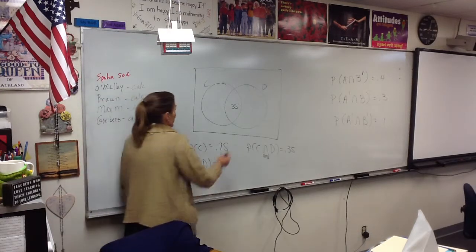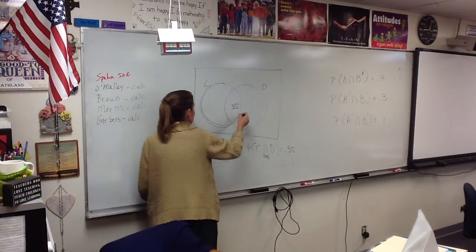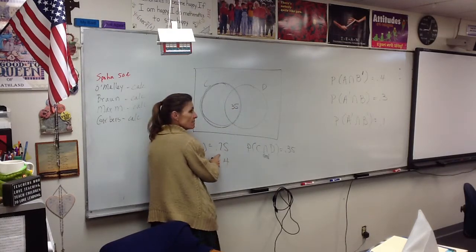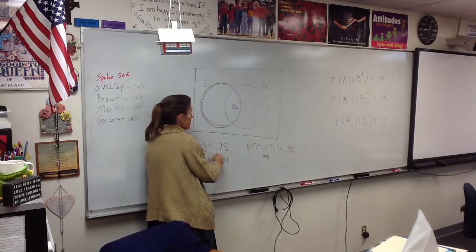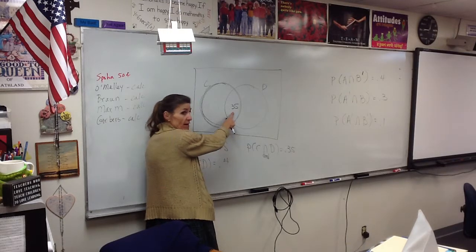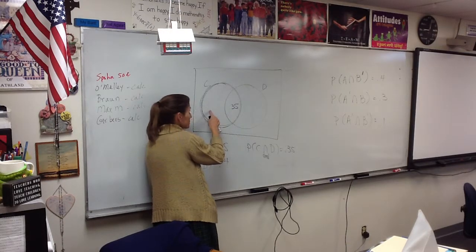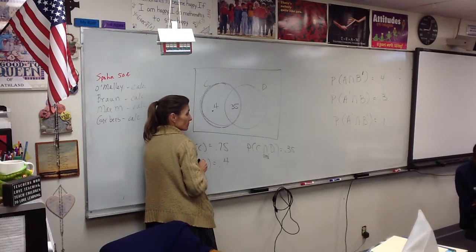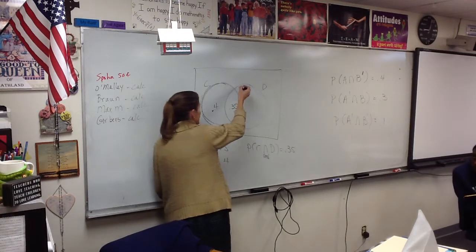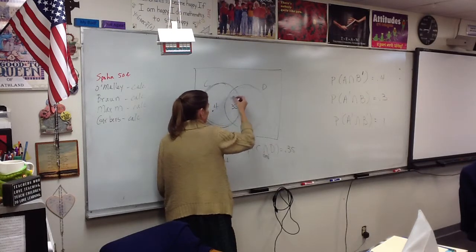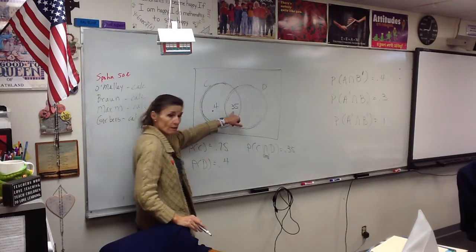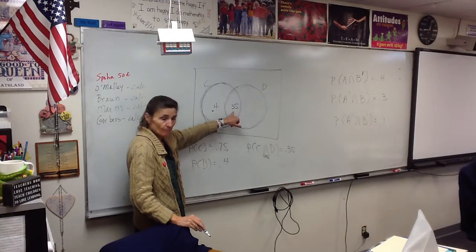Now, this is the whole C circle right here. That whole circle is 0.75. But you've already put 0.35 in there, right? So what goes here? 0.4. This is the whole D circle. The whole D circle is 0.4, but you've already put 0.35 in there.